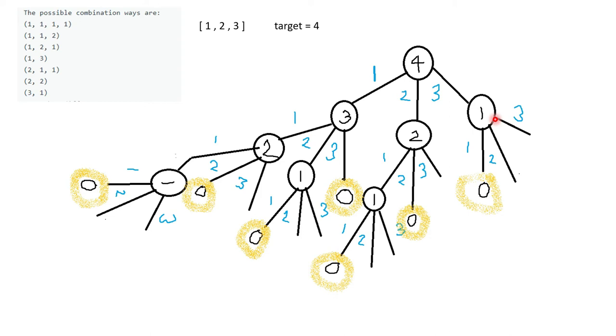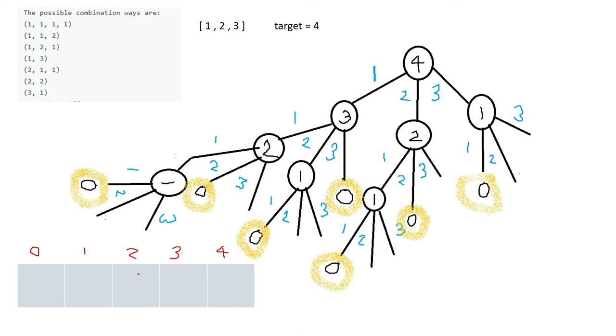That means if we have any pre-calculated target result, then we can use it. So how can we do that? Obviously the DP or memoization technique. We can keep one array like this, where we mark all the target sums: 0, 1, 2, 3 and 4, up to 4, right?